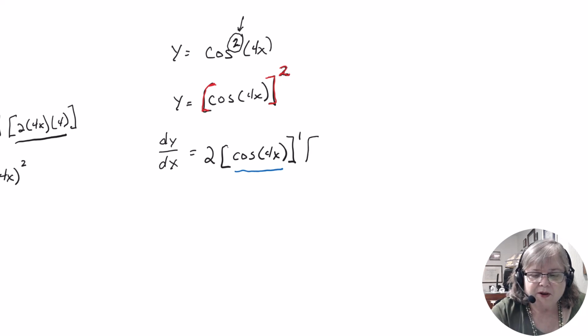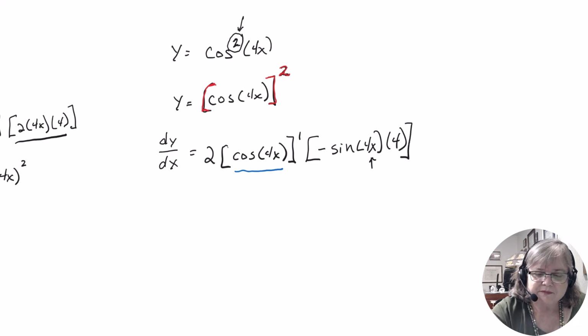So cosine is on the outside. You take the derivative of the outside, which is minus sine. You leave the inside alone, which is the 4x. And then you loop back inside this and take the derivative of the inside, which is 4. May need to stop or rewind and see how this goes.